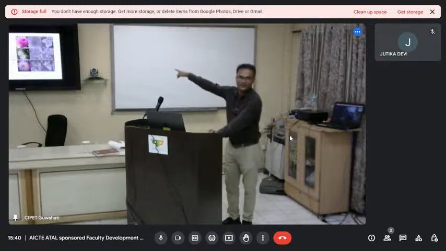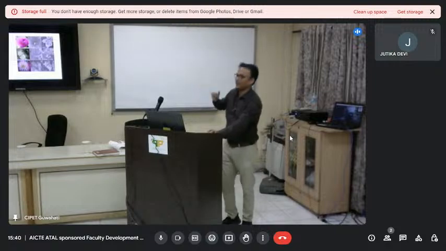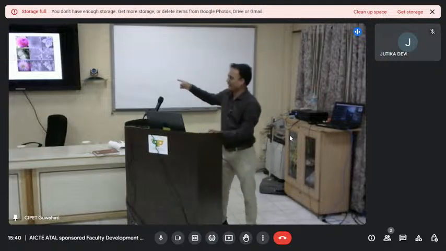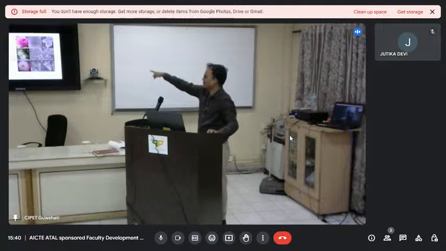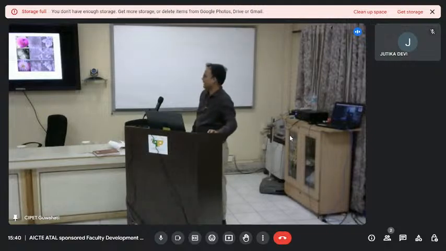It looks like a flower, but it is synthetically made. These are all nanoscale metal materials. For example, this first one is metallic copper, a copper nanoflower. The second is of manganese.